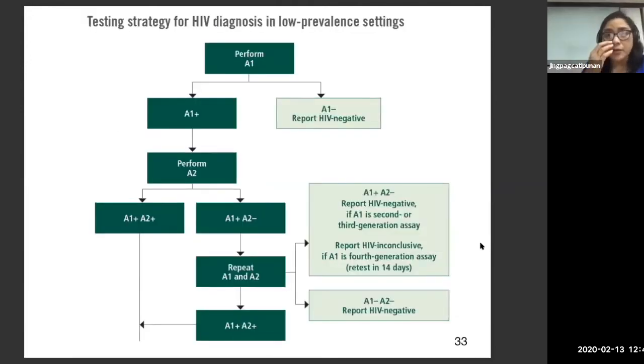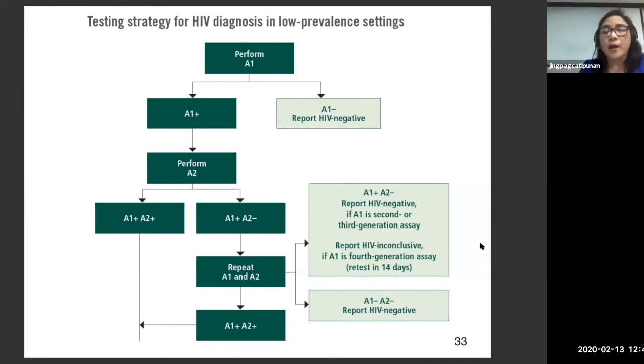Now, this is another algorithm on the AO for HIV testing that is also dated 2017, which is the testing strategy for HIV diagnosis in a low prevalence setting, because the Philippines is still considered a low prevalence setting.